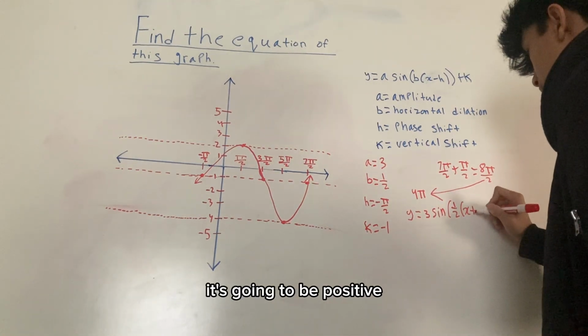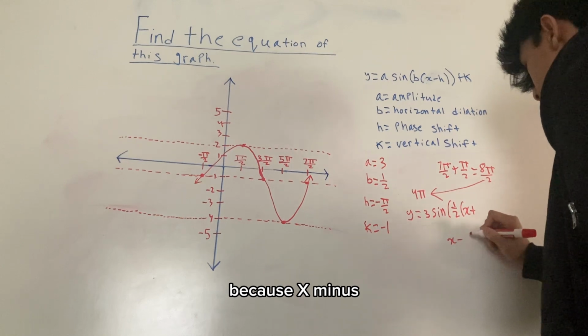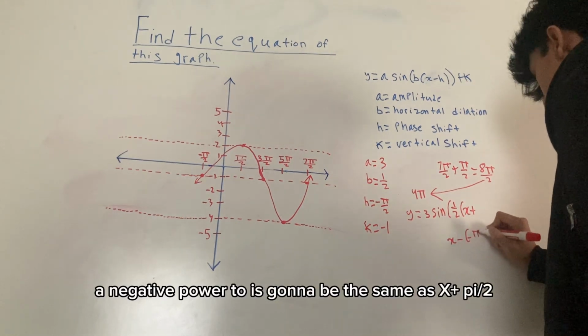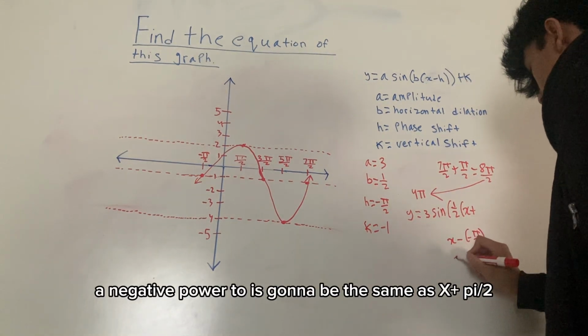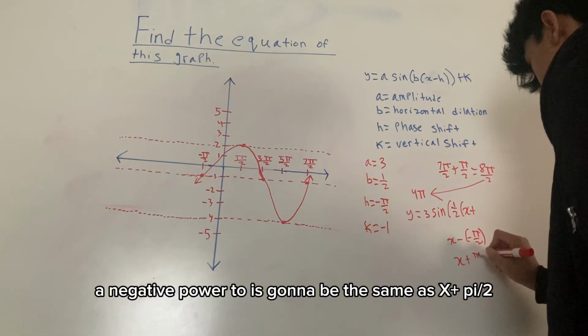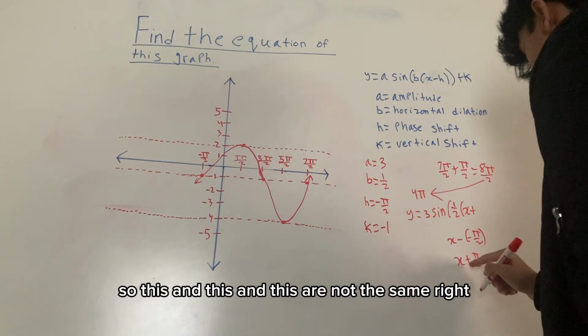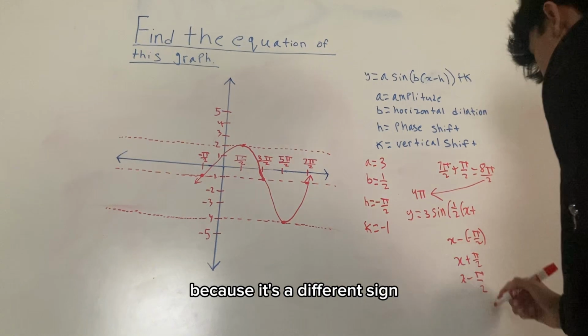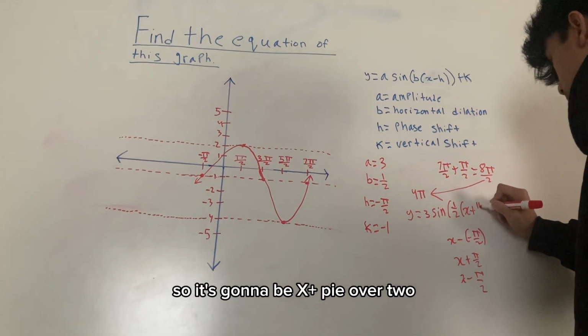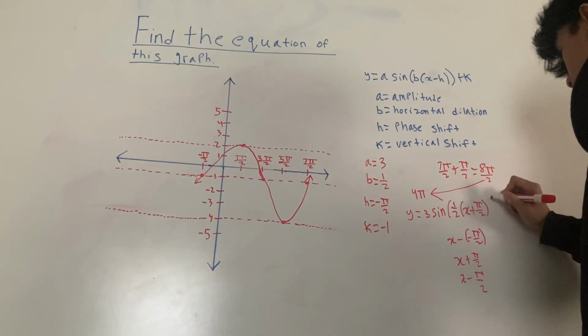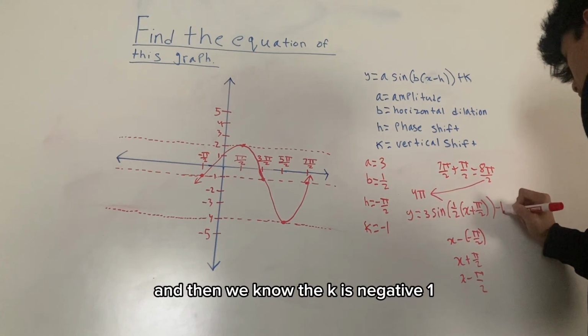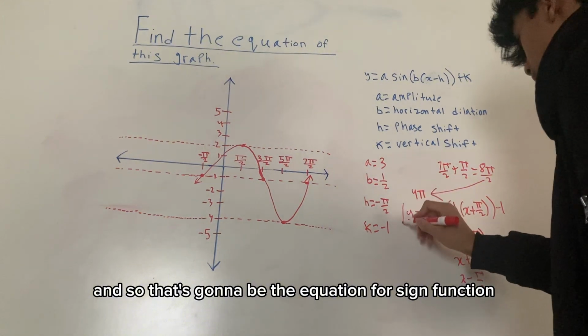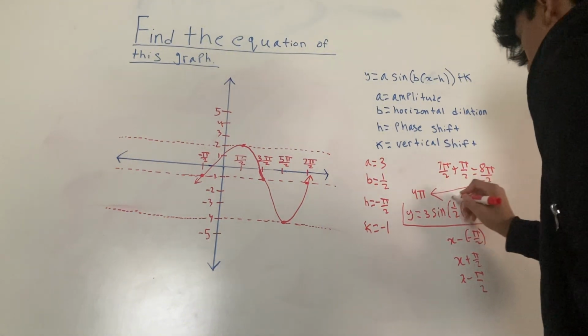It's going to be positive, because x minus a negative pi over 2 is the same as x plus pi over 2. So this and this are not the same, right? Because it's a different sign. So it's going to be x plus pi over 2. And then we know the k is negative 1. And so that's going to be the equation for a sine function.